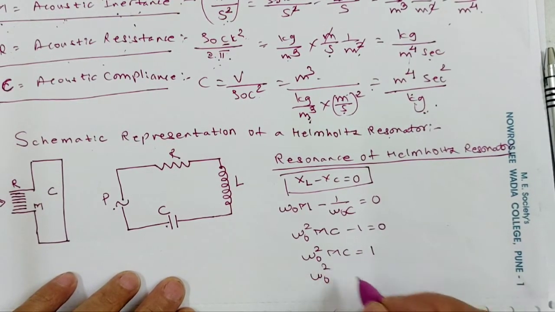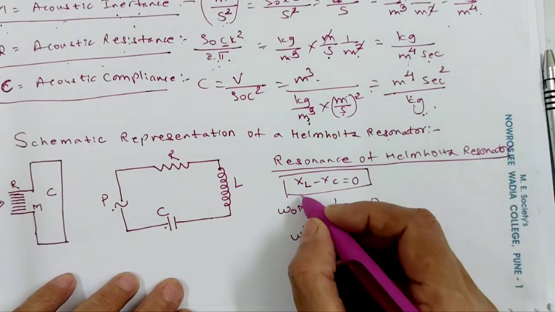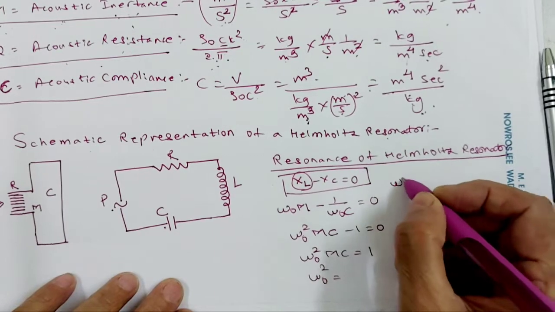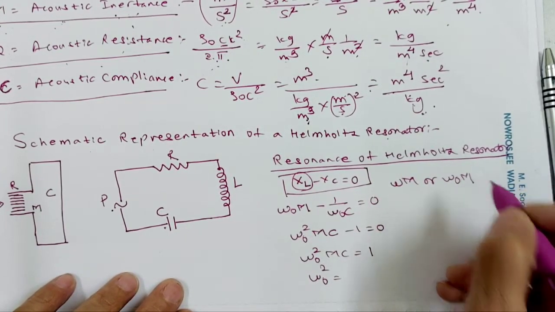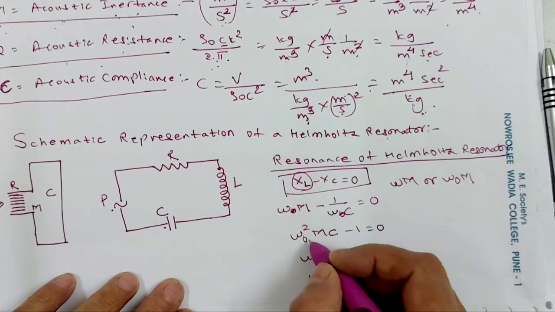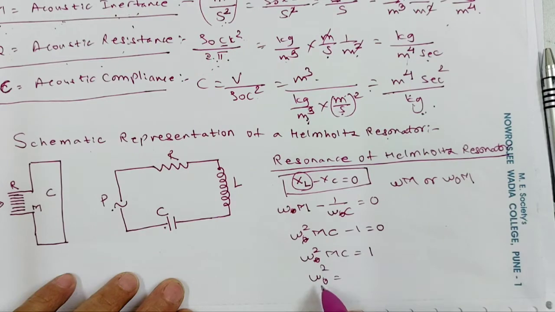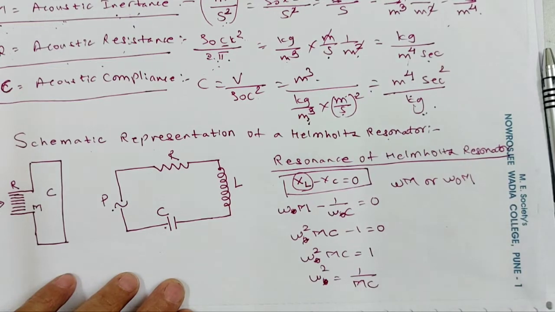XL can be either omega M or omega 0 M, not a problem, so we'll take it as omega only, forget 0. So omega square MC is equal to 1, so omega square is 1 upon MC.